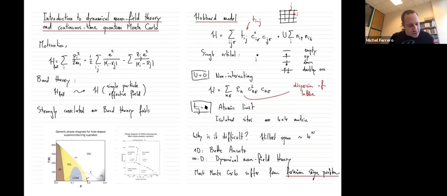Okay. So I would say that a direct approach to the Hubbard model is something quite challenging. And this is the reason why there's been a lot of effort in trying to find clever approximations to nevertheless make progress and get some insight about the Hubbard model. Okay, I would say that closes the motivation part.